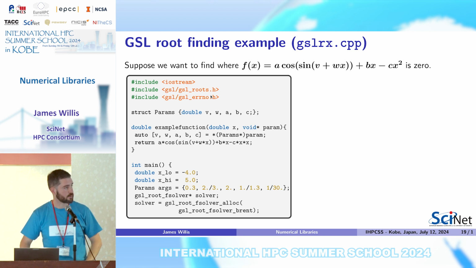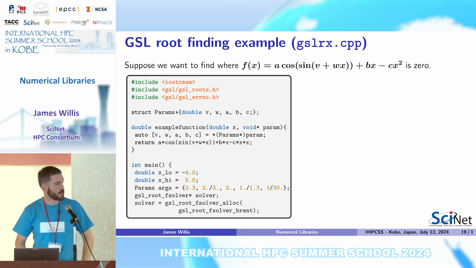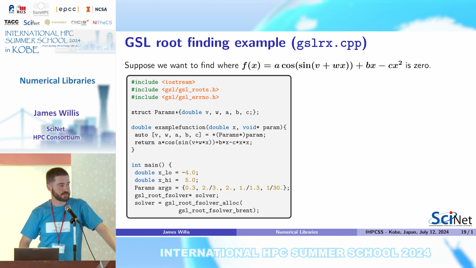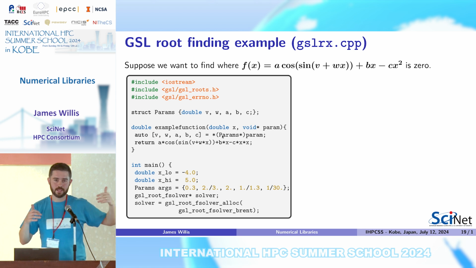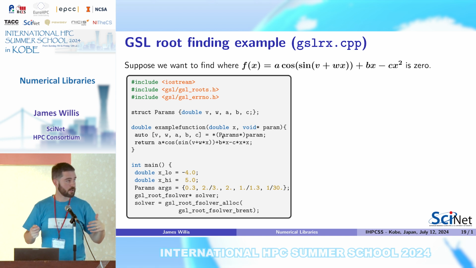So we look at the roots header file. Then we want to create a structure that specifies each of the coefficients of our function, and then define how we evaluate the function in the first place. So all we're doing here is we're translating the problem in a way that GSL can understand it and compute the solution.